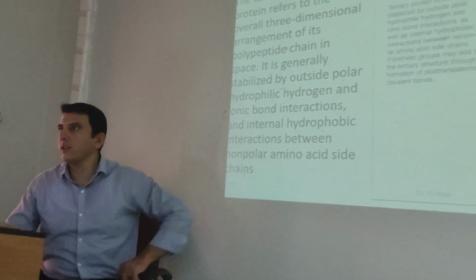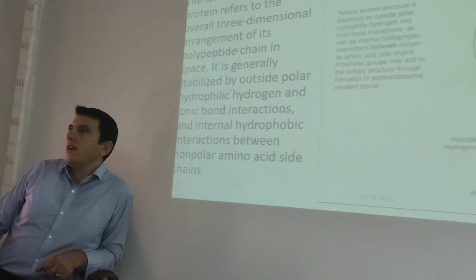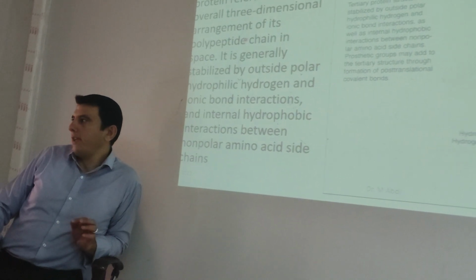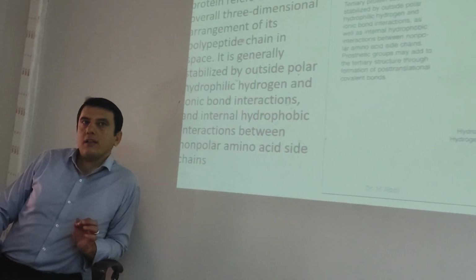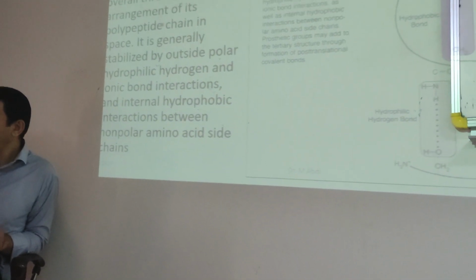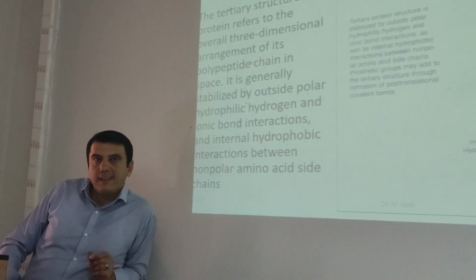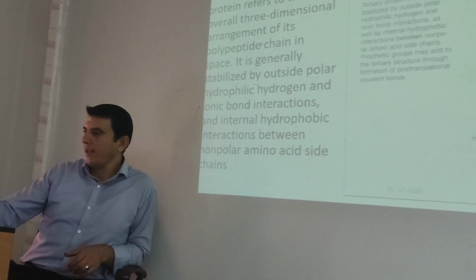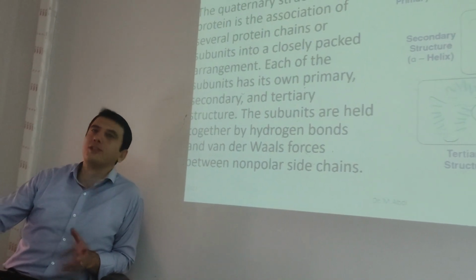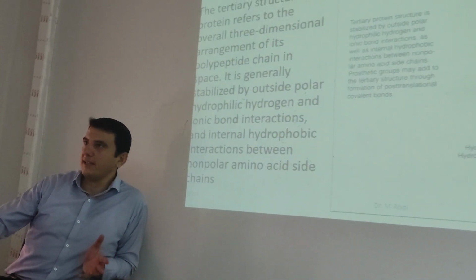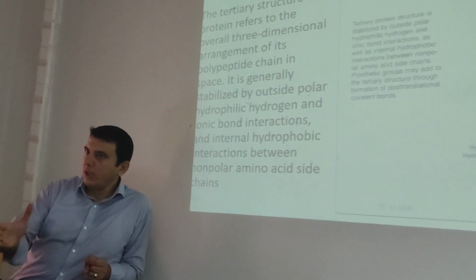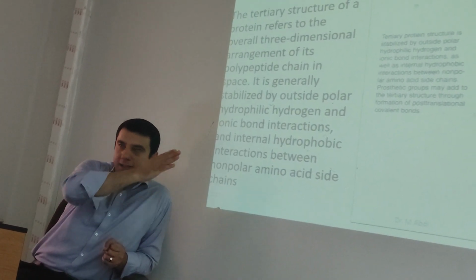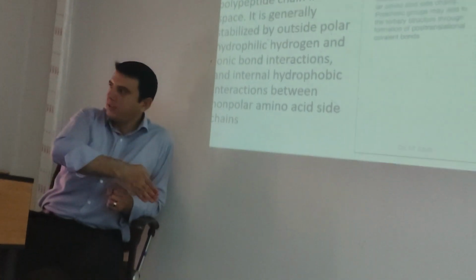So the question is, which structural form of protein has three-dimensional structure? The tertiary. Of course, the other structure, quaternary structure, also has tertiary structure. So, when we have tertiary structure, we have three-dimensional structure. When we have quaternary structure, we have 3D structure.